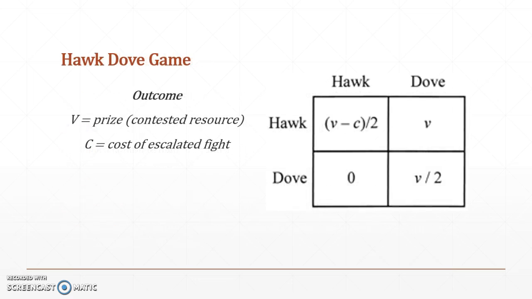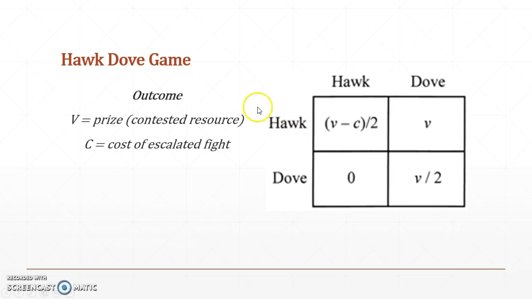So the hawk-dove game that we're going to be simulating basically has an outcome of a prize and a cost. So each player only has two options. They can either choose to be a hawk or a dove. If both players choose a hawk, you can see here in this matrix, this is the payoff matrix, that they would have to subtract the cost from the prize and then split that value.